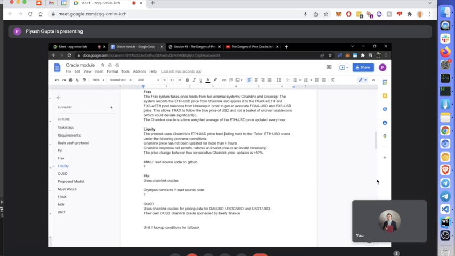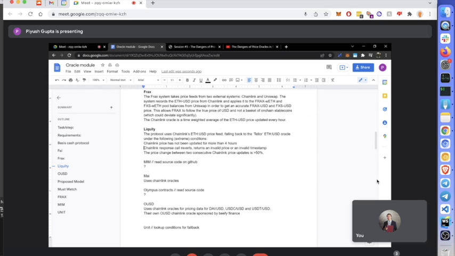They also have a fallback mechanism under the following conditions: if the Chainlink price feed has not been updated for more than 4 hours, or if the call reverts or returns an invalid time or price, or if the price change between two consecutive Chainlink price updates is more than 50%.